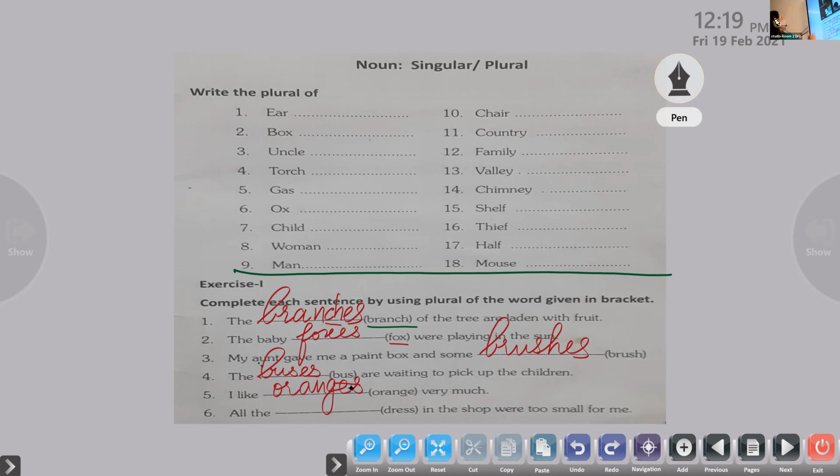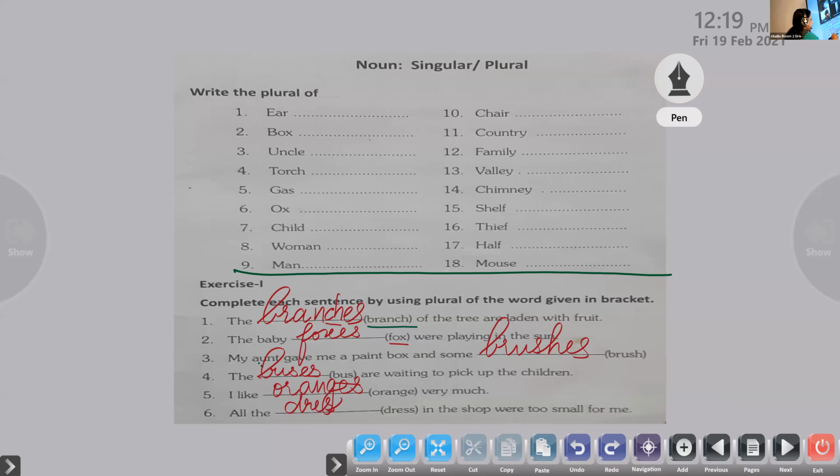Ivan, come on, do the next word. E is already there, so we have to add just S at the end of the word. So I like oranges very much. Ivan, do the next one. All the dresses in the shop were too small for me.